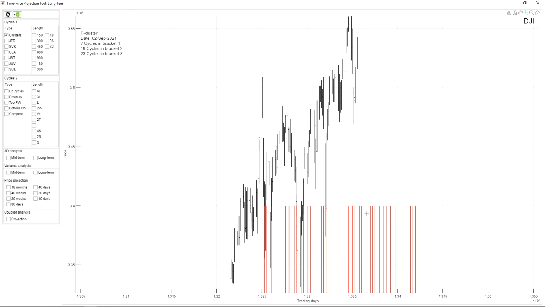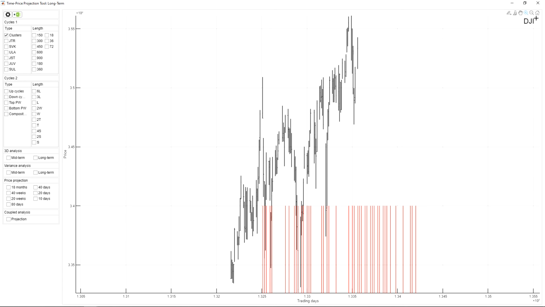This one is September 2nd, and it is represented by 7 long-term cycles, 16 mid-term cycles, and 23 short-term cycles. It's just 1 cluster, and the more cycles arrive at the same time, the more powerful the time turning point is going to be. In this particular case, as I just described, 2 possible scenarios, that's what we're looking for.